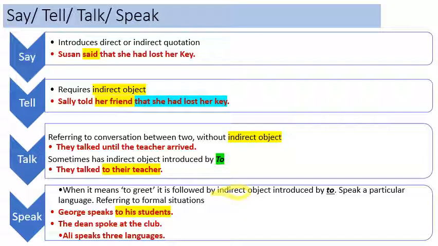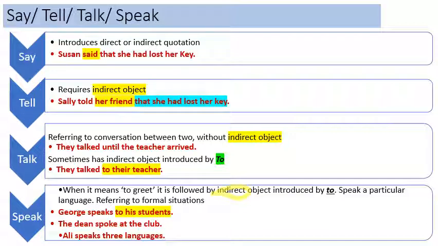Let's have a look at these three cases. It comes with three cases. First of all, to greet. Second of all, to speak a particular language. And third of all, it refers to formal speaking or speech by a president, for instance, or whatever.